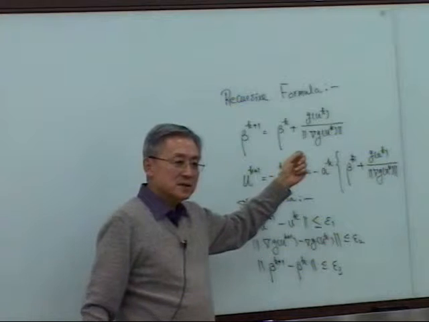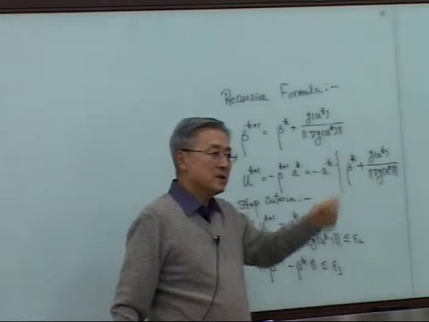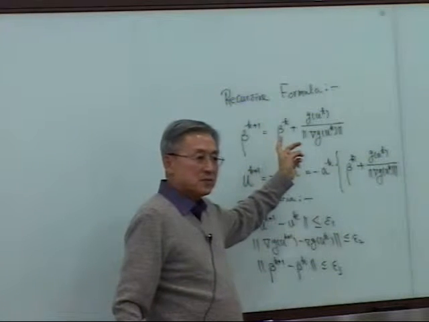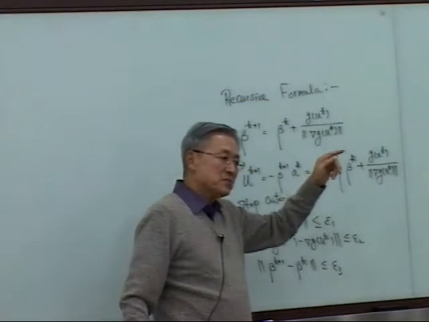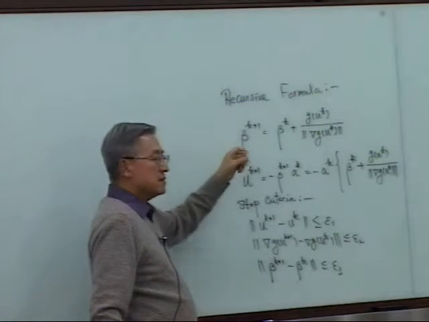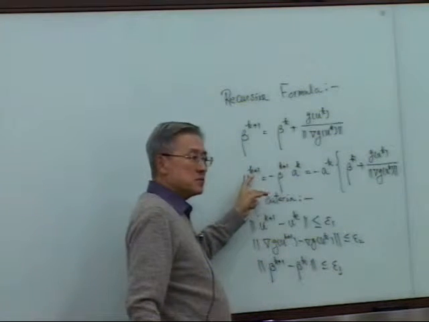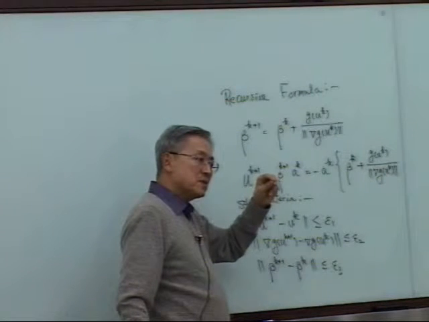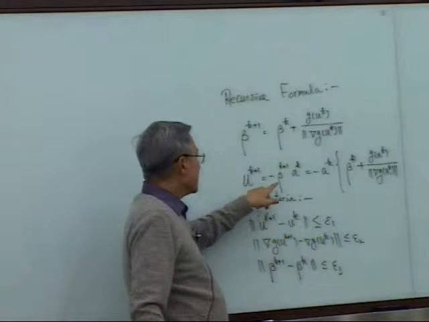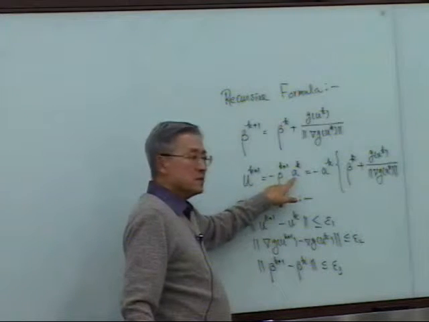Beta value is the distance between the origin and the MPP. That's what you are marching toward, iterating down to the MP point, the most probable point. So U k plus 1, you have to iterate down to the MPP point. This is simply distance, right? And you have to multiply beta by A.